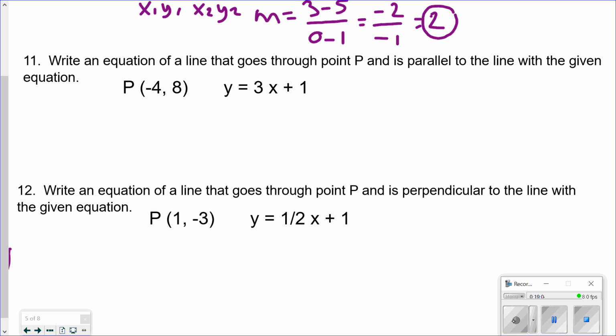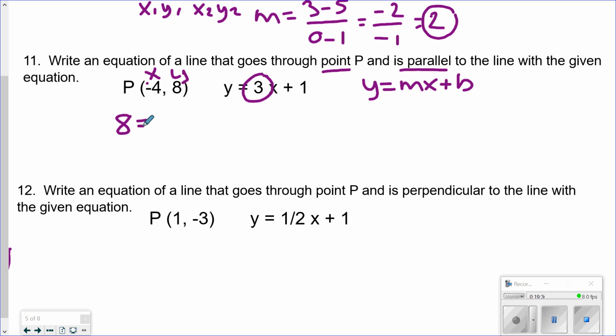For question number 11, write an equation of a line that goes through point P and is parallel to the line given. So if it's parallel, I know that they're going to have the same slope. So my slope of my new line will be 3, and I get x and y from this coordinate. So I need to solve for my y-intercept. So y is equal to mx plus b. Let's plug in everything we know. Well, y is really equal to 8.